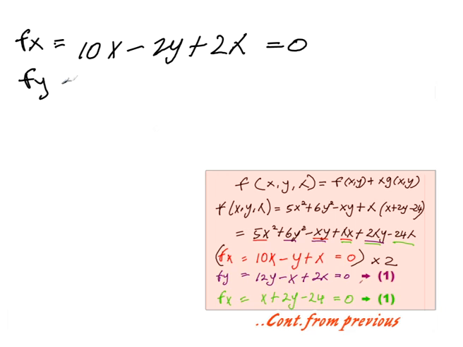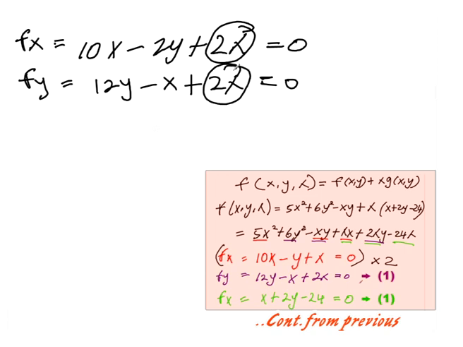What about fy? We have 12y minus x plus 2 lambda equals to 0. As can be seen, now the lambdas are equal. Therefore, we can solve this using the simultaneous equation technique.